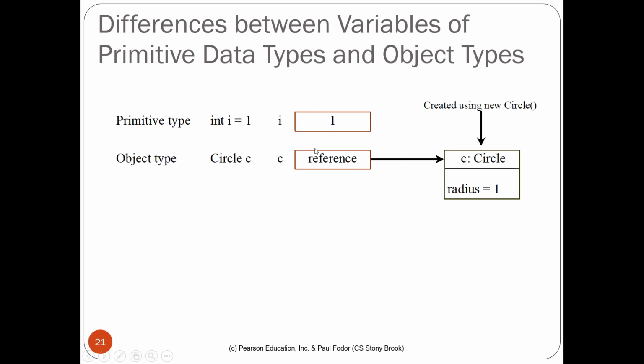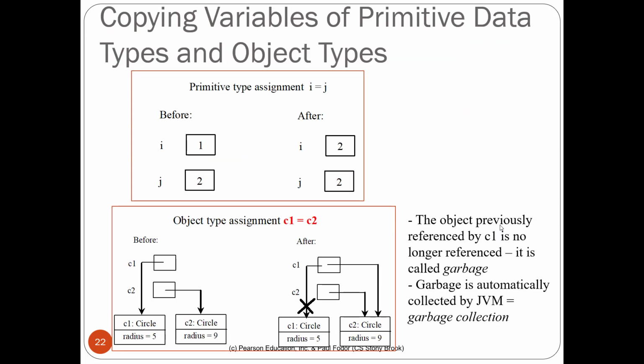C rather has an address to the circle object with the radius 1. So this is the difference you need to understand. A primitive data variable holds the actual value. The reference data variable, or an object you can say, will hold the address of the object which is being created. Very important to understand this difference.